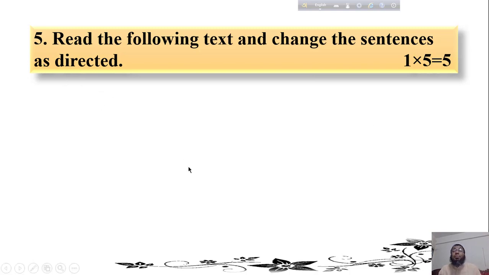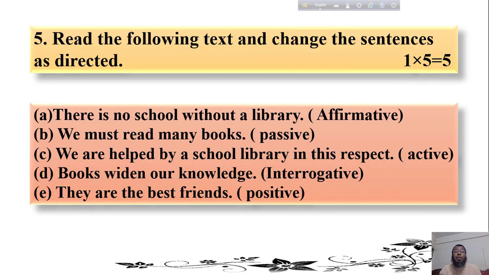So as directed, that means there is an instruction at the end of each sentence. So according to the direction we have to do the given tasks. Now look at the question types here. There are 5 questions here, and the first question is, there is no school without a library.